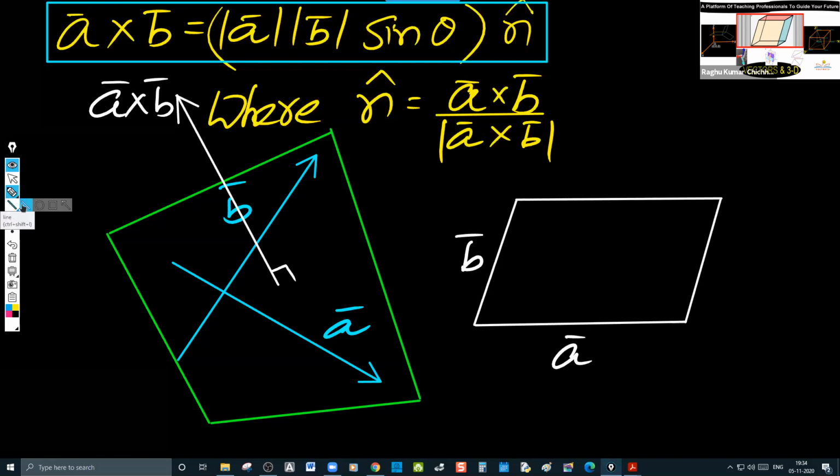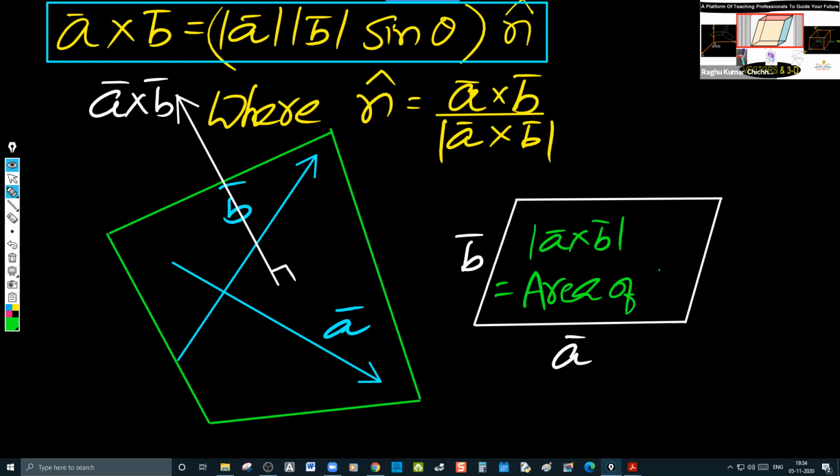So the geometrical meaning of the vector product is nothing but modulus of A bar cross B bar is equal to the area of the parallelogram whose adjacent sides are A bar and B bar. This is the geometrical meaning of it. I'm not going to derive it because you can derive it, but it's not that important. Just understand this.